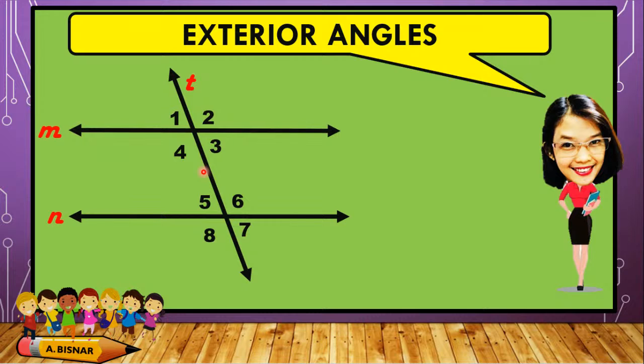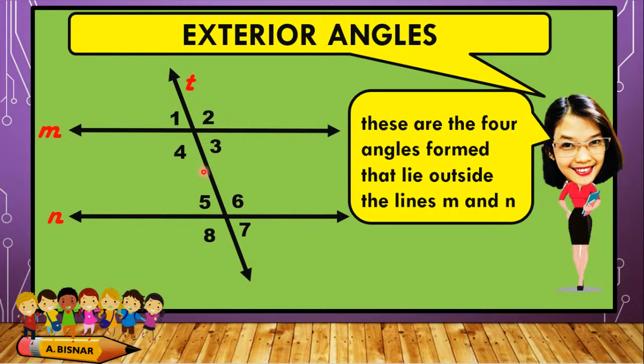Okay, I am waiting for the answers. So, I observe that you have similar answers. Now, let us check if your answers are correct. From the definition, these are the 4 angles formed that lie outside the lines M and N. So, what are those angles outside?